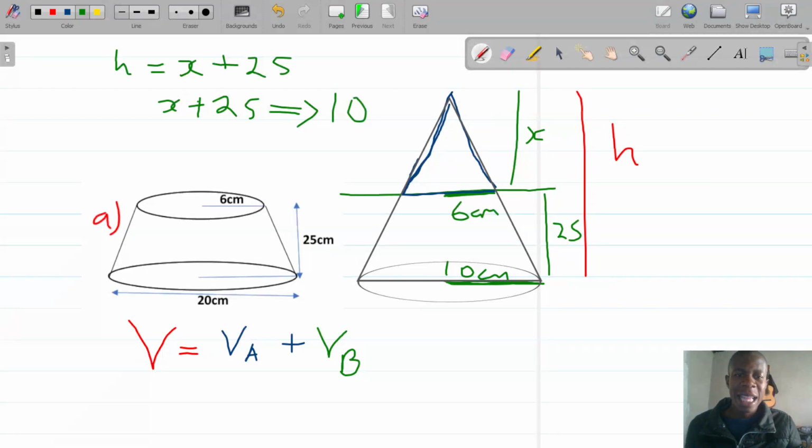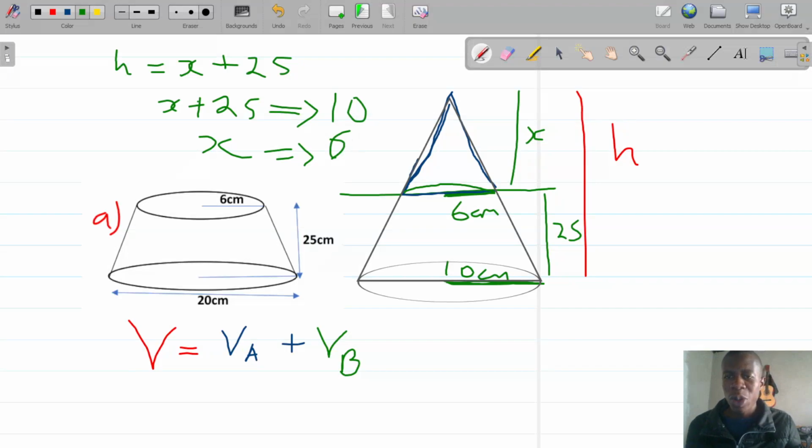And this x has a relationship with the radius here and not the one at the bottom.